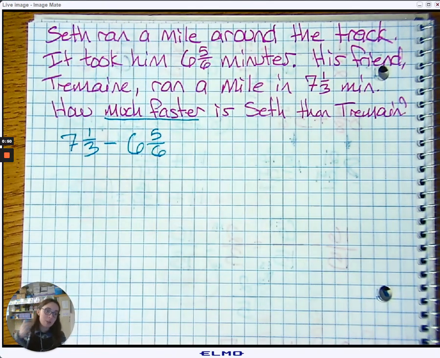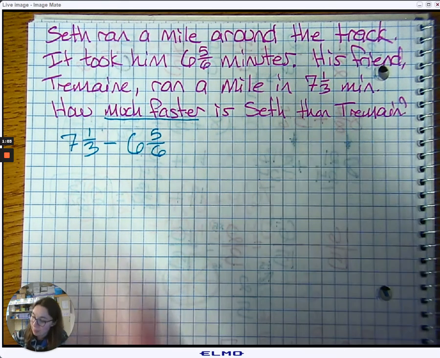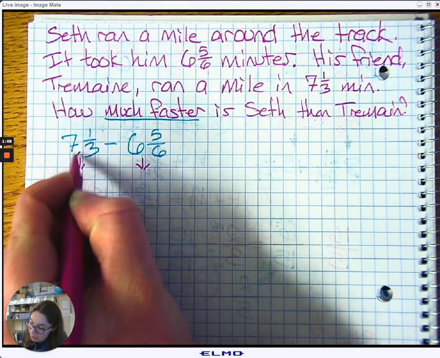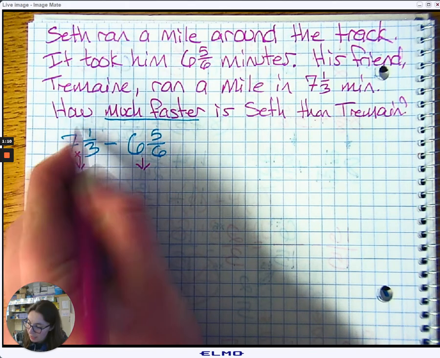Now, according to our blue box, the first step in subtracting and adding mixed numbers is to change these numbers into improper fractions. So let's go ahead and do that. Remember that to turn a mixed number into an improper fraction, we multiply the denominator by the whole number and add the numerator.